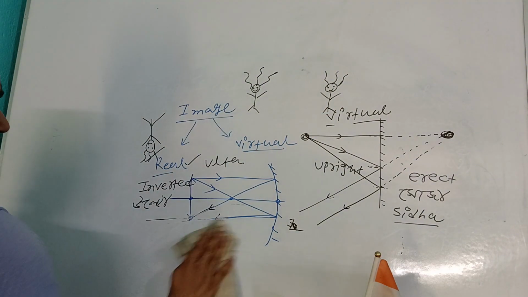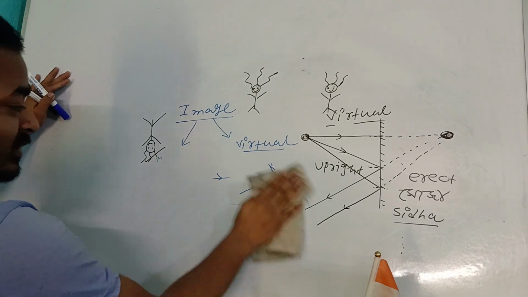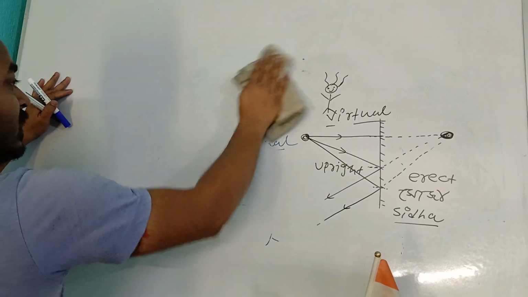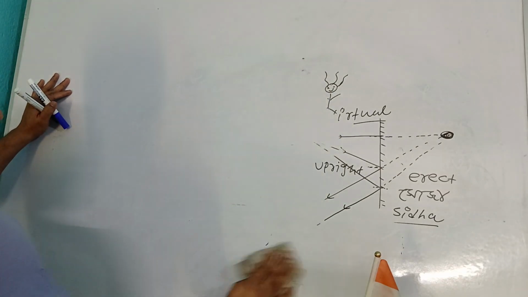Now, next we have to discuss the ray diagrams for the concave mirror.